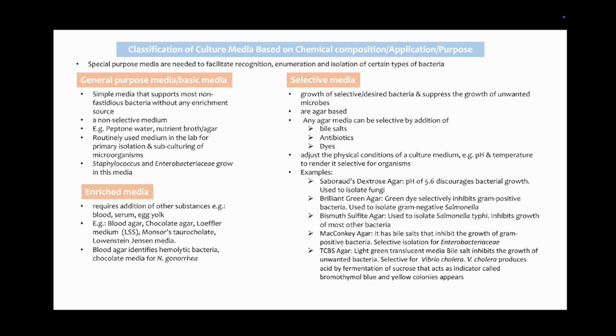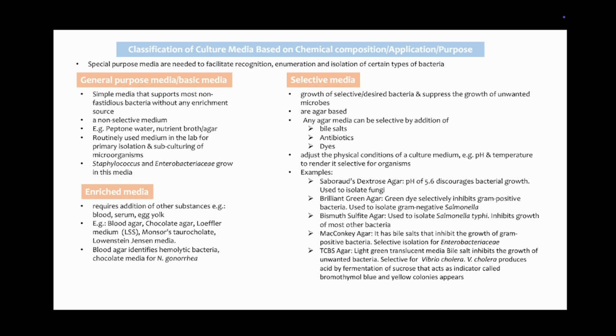So in MacConkey agar, very famous, the one that you keep using, bile salts are there to prevent bacteria that are not used to staying in the gastrointestinal tract from growing. Those bacteria that can grow in your gastrointestinal tract can overcome bile salts, whereas the rest that are not usually found in our gastrointestinal tract will be inhibited by the bile salts.